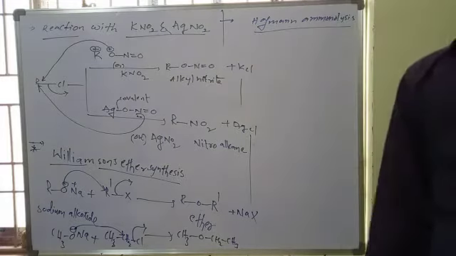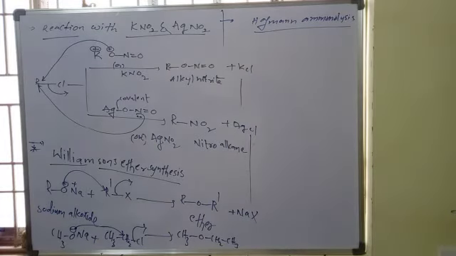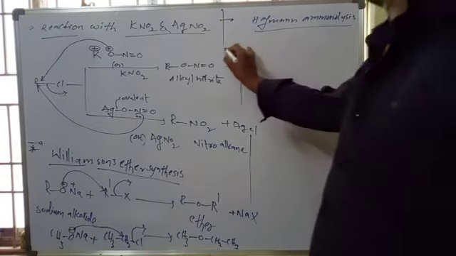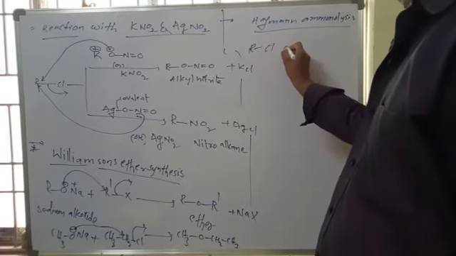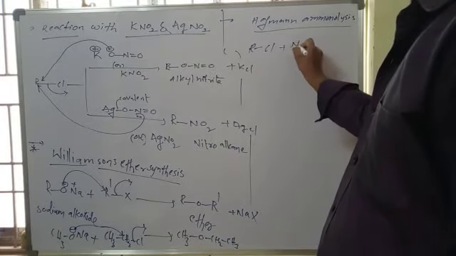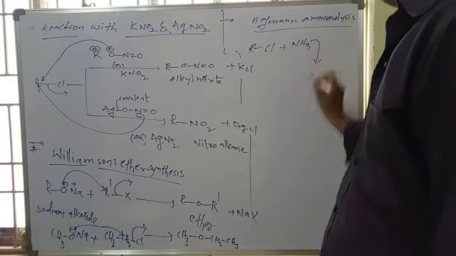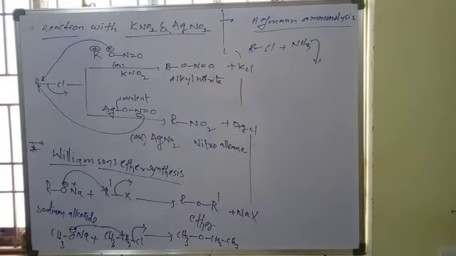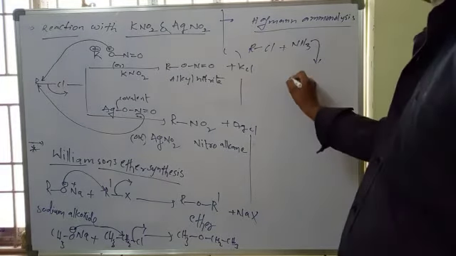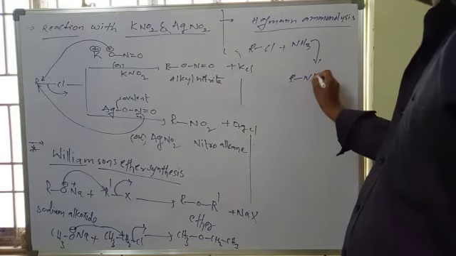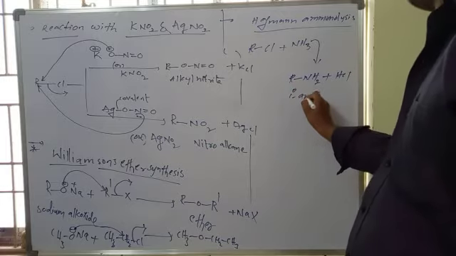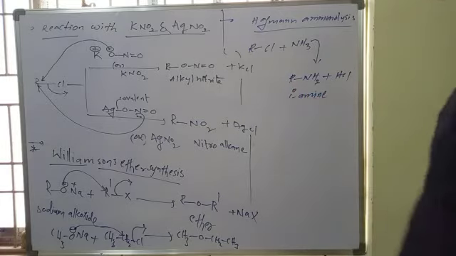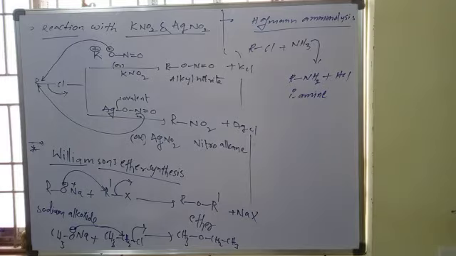In this Hoffman ammonolysis reaction, alkyl chloride or alkyl halide reacts with ammonia, and alkyl amine plus HCl is eliminated. This is a primary amine. Primary, 1 degree amine is formed.